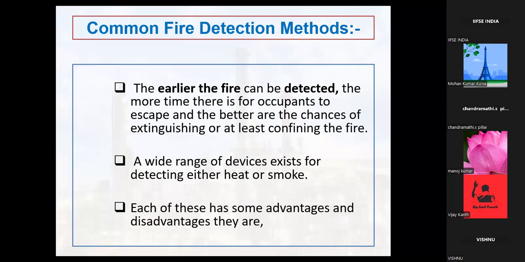If the fire is detected at the starting stage, the number of occupants that can be saved is more, and there is enough time for them to go away from that place. Then there is a wide range of devices for detecting either heat or smoke. Each of these has its own advantages and disadvantages.